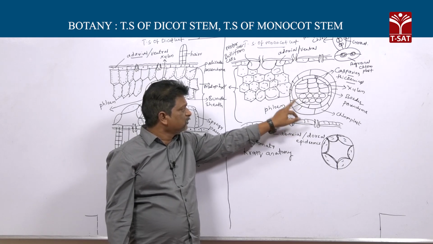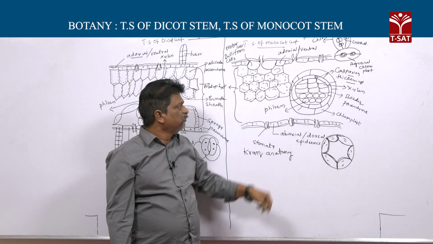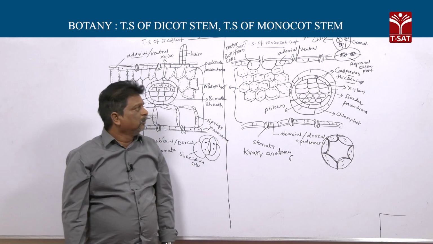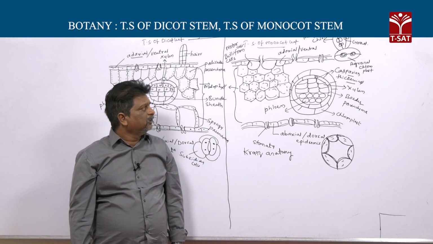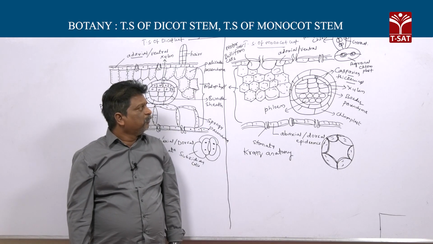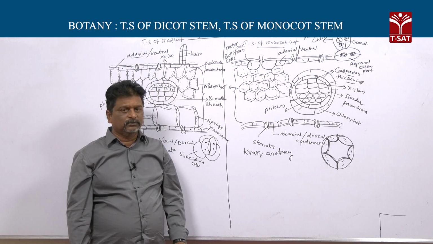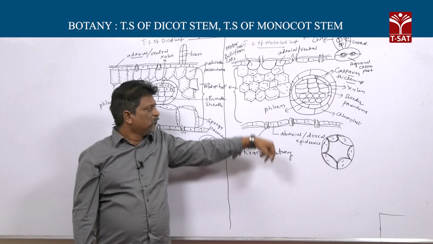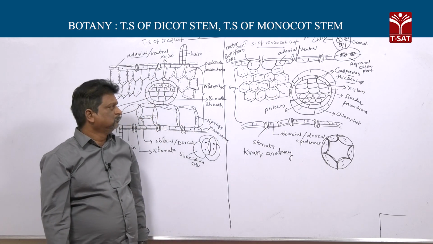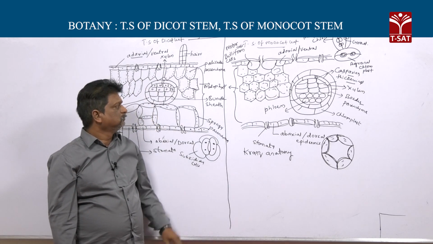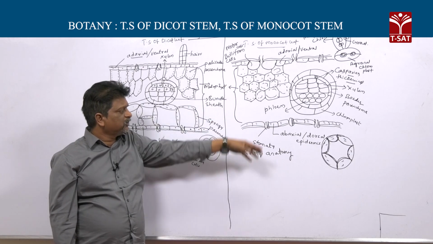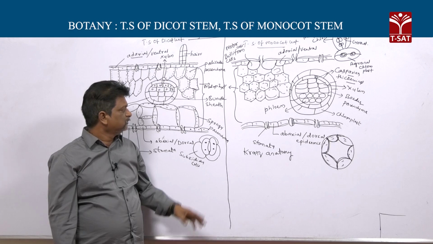Means bundle sheath chloroplast and mesophyll chloroplast. Mesophyll chloroplast is granal and bundle sheath chloroplast is agranal. So chloroplast dimorphism is shown by most of the monocots. And this monocot shows Kranz anatomy, which reflects bundle sheath cells.